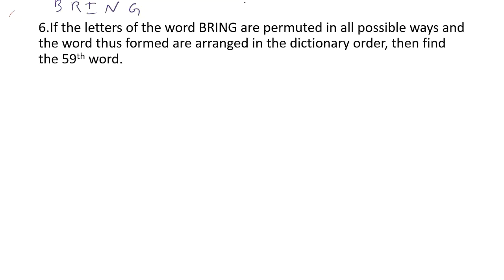So the dictionary order here is going to be B, G, I, N, R. Now the first page begins with B, the second page begins with G, the third page begins with I, the fourth page begins with N, and the fifth page begins with R. So we have these 5 pages here.